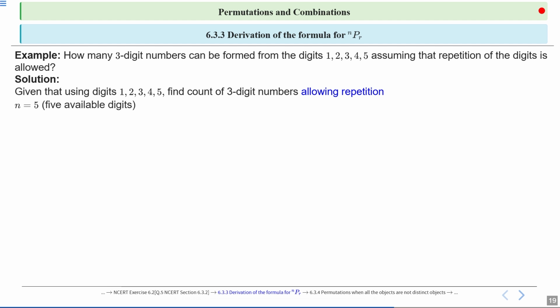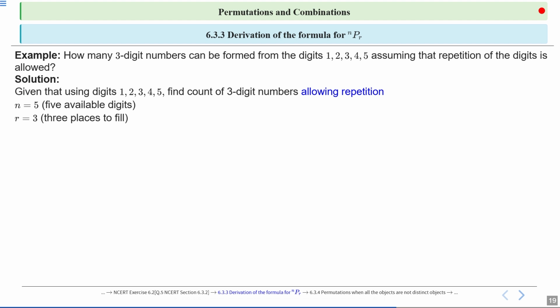Here n is equal to 5, so 5 digits are available, and we can use these 5 digits to construct three digit numbers. How many three digit numbers we can form, that we need to find here.